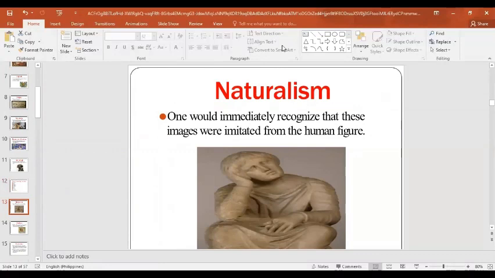So, an example ng naturalism, yung mga Greek art, yung gods and heroes. Kung mapapansin natin, no, kapag gumawa yung tao, nag-compose sila or nag-create sila ng sculpture, same na same kung ano man yung reality na meron. And aside from that, another example ng naturalism, yung superheroes, no, even sa mga comic books or even sa films.